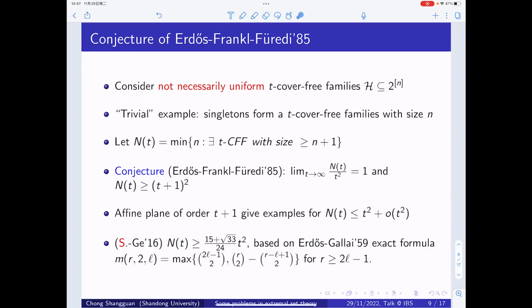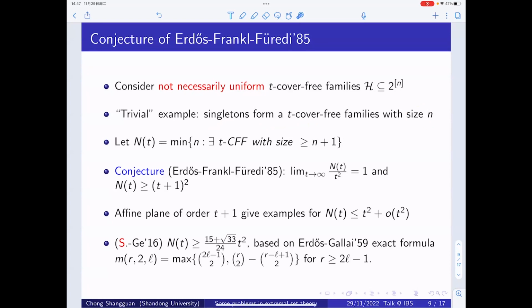We have no size restriction on the edges in H. Each is simply a subset of the underlying set N. The trivial example mentioned previously, the singletons, forms a T cover-free family with size N, which is equal to the size of the underlying set. So this is a trivial example.